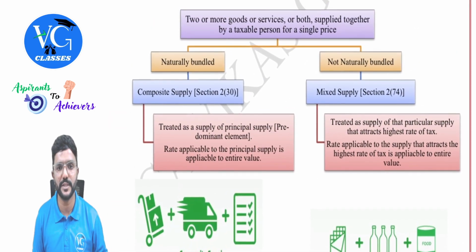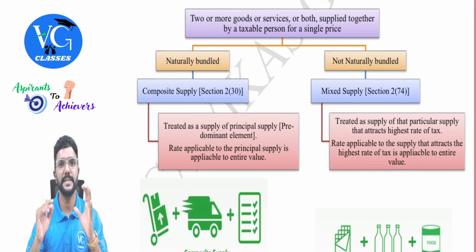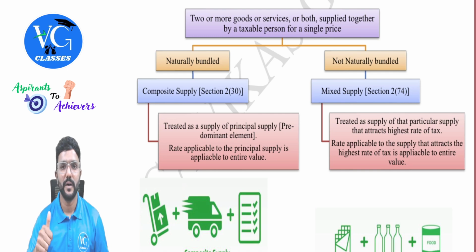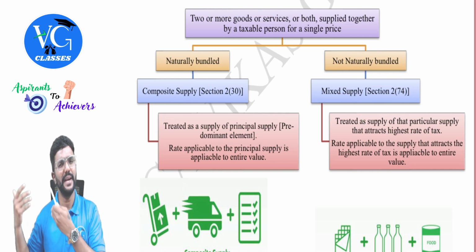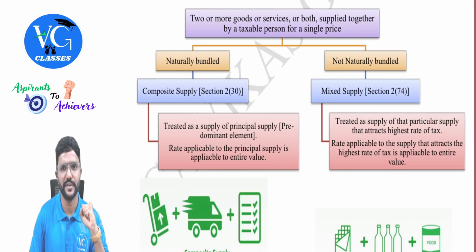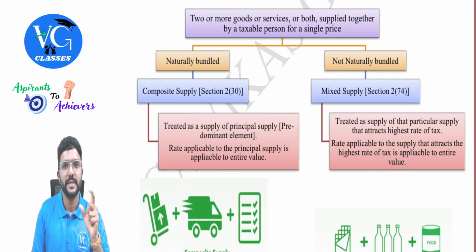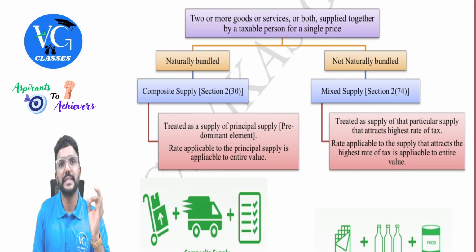Few clarifications with respect to composite and mixed supply, guys. See, if there is supply of food or snacks in a cinema hall, it is treated as a separate supply and it is a restaurant service, supply of services. But, sir, if a ticket price also includes the food and snacks, then if it is naturally bundled and if it meets the criteria of composite supply, we will treat it as a composite supply.